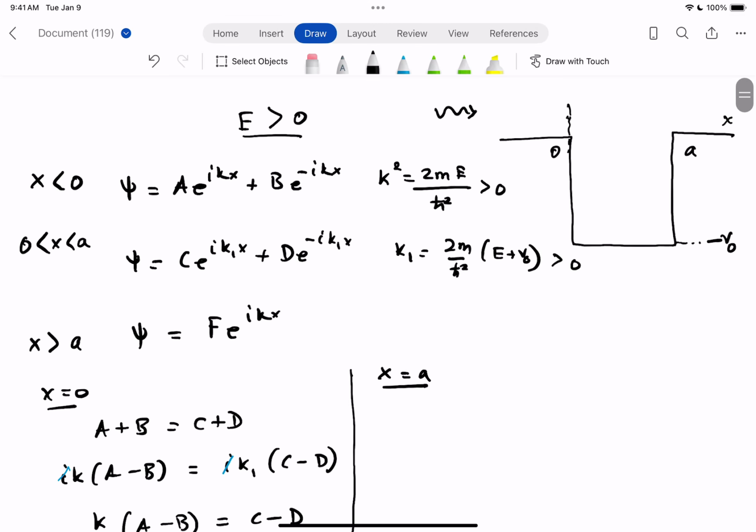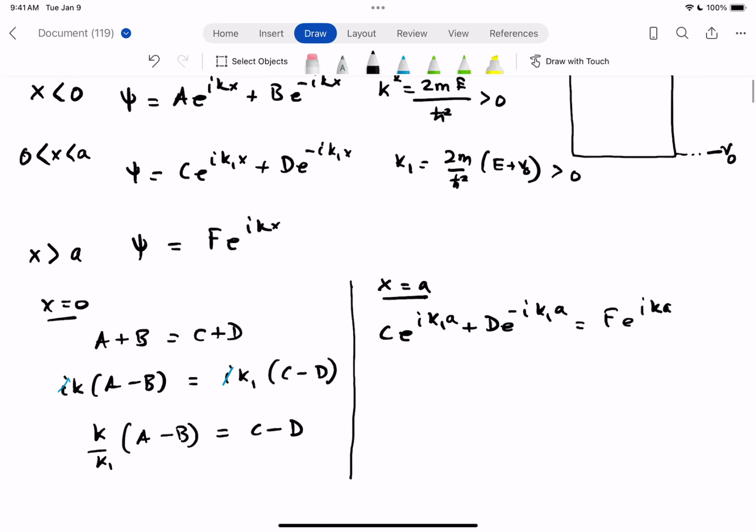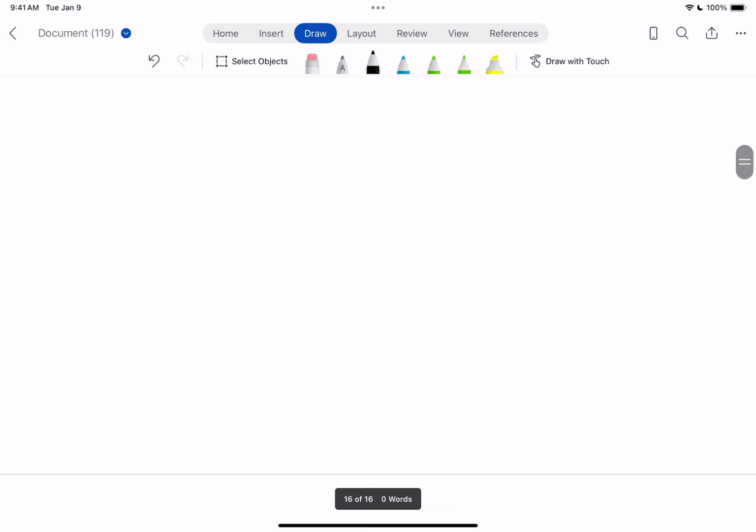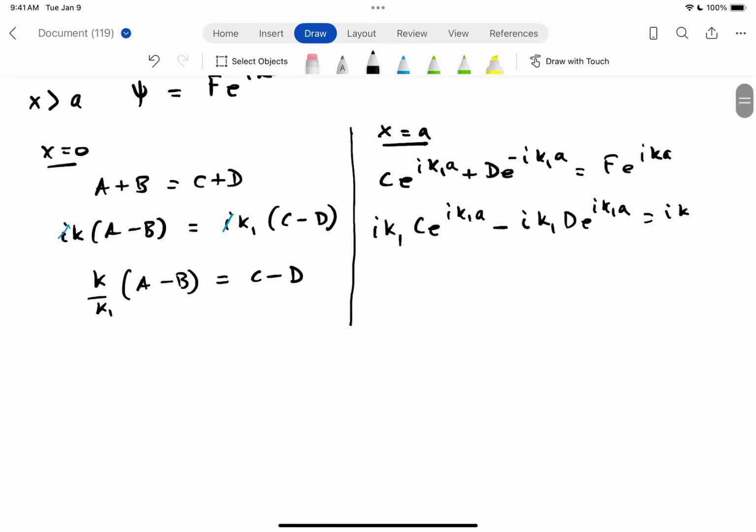So at x equals a, we have C e^(ik1a) + D e^(-ik1a) = F e^(ika), and setting the derivatives equal at x equals a, we get ik1 C e^(ik1a) - ik1 D e^(-ik1a) = ik F e^(ika).